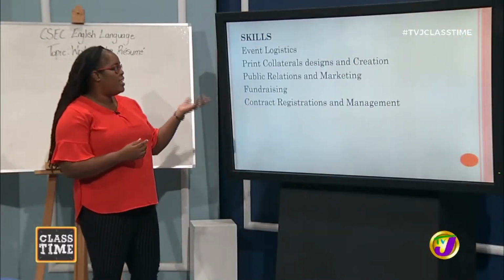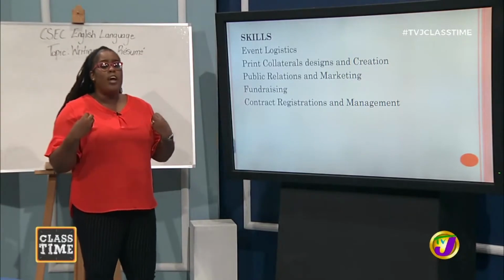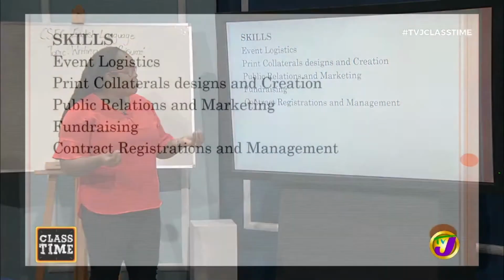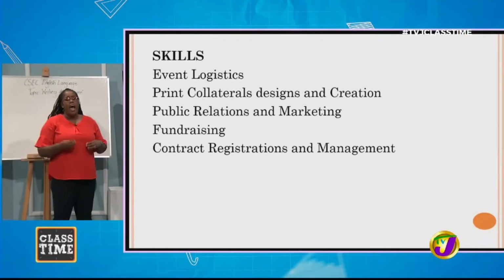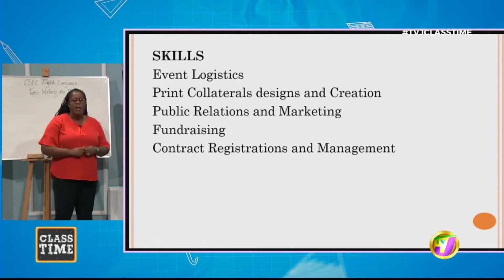All right, skills, right? What are you good at? Event logistics in this case, print collaterals, designs and creation, public relations and marketing, fundraising, contract registrations, and management, right? These are some skills. So say, for example, you get the job, and based on your resume, your employer might see all of these and come to you and say, oh, Melissa, I remember from your resume that you mentioned that you're good at fundraising.